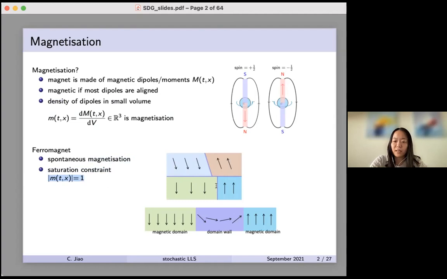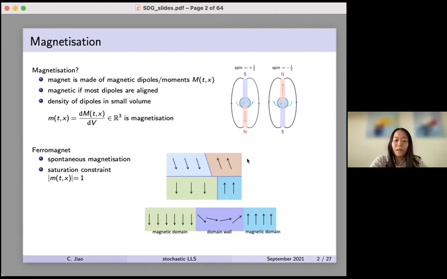If we zoom in at the boundary between two magnetic domains, so two different colored patches, the region of transition of the m vectors from pointing downwards to pointing upwards, or vice versa, is called a domain wall.